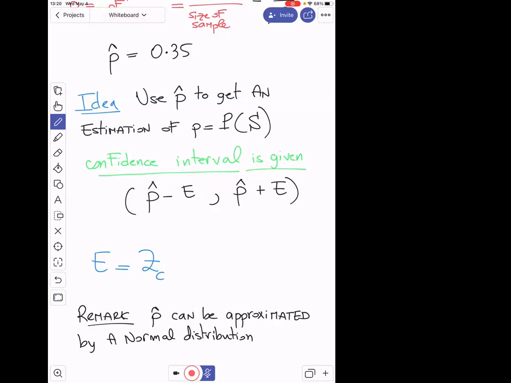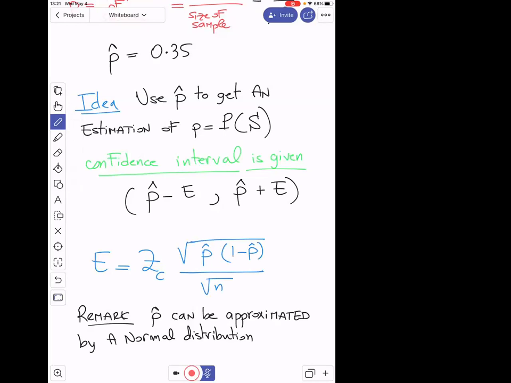Remember, for a binomial distribution, the sigma is square root of n times p times q, and the mu was n times p. So here, instead of sigma, we're going to have square root of p hat times 1 minus p hat, which is like a q hat, over square root of n.